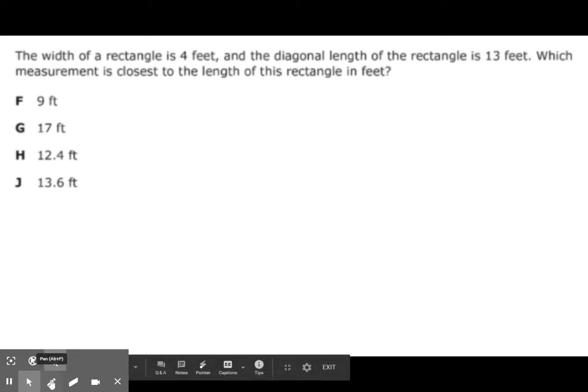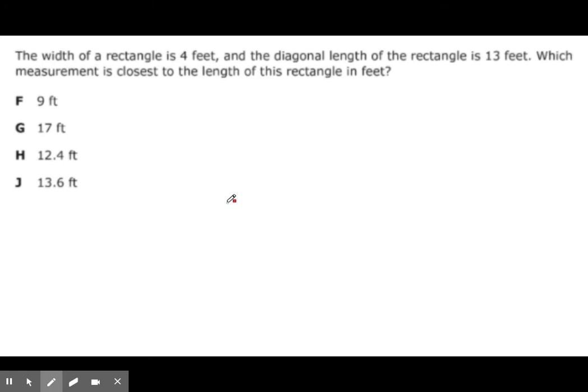All right, so first, before we start messing with these numbers, let's identify what information it's giving us. It's saying that the width of a rectangle is 4 feet. So I know I'm dealing with a rectangle, and it's giving me the width, and that width is 4 feet, and the diagonal length of the rectangle is 13 feet.